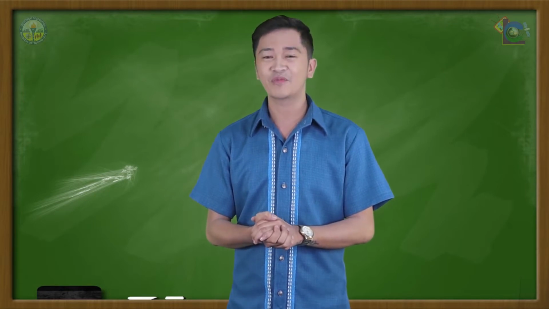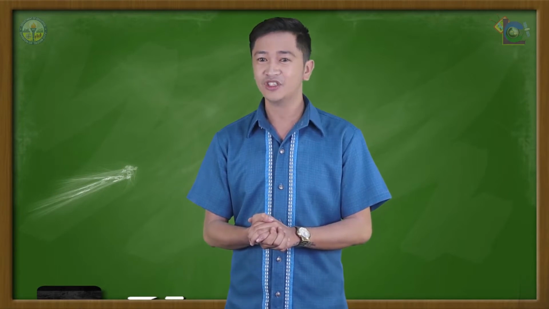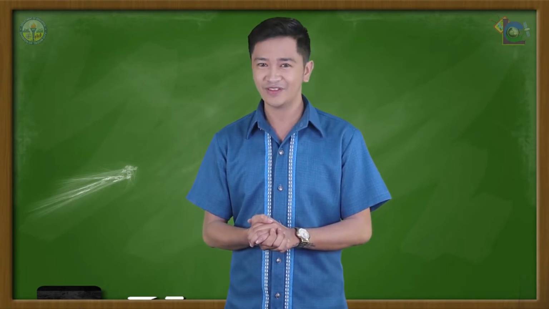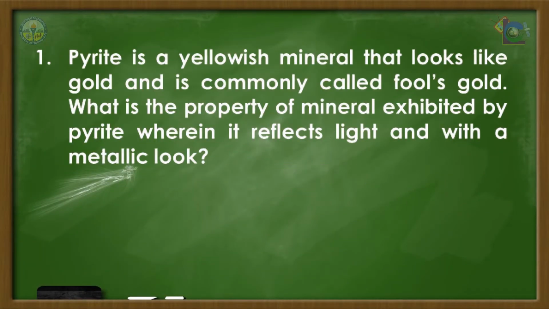Well then, prepare your paper and pen and open your module on page 2 for our very short activity. Select the letters of the correct answers. Number 1. Pyrite is a yellowish mineral that looks like gold and is commonly called fool's gold.